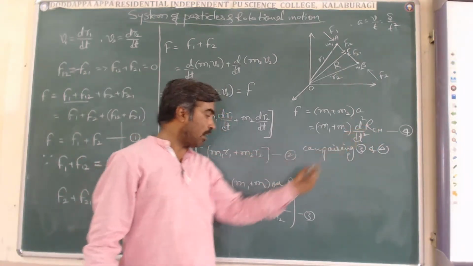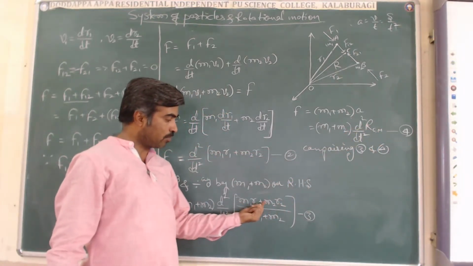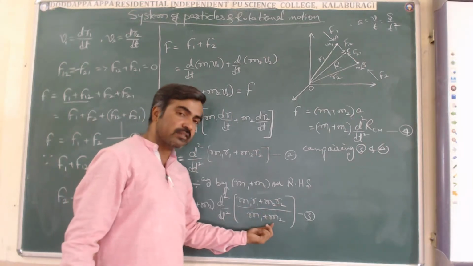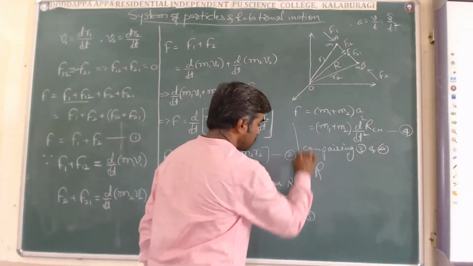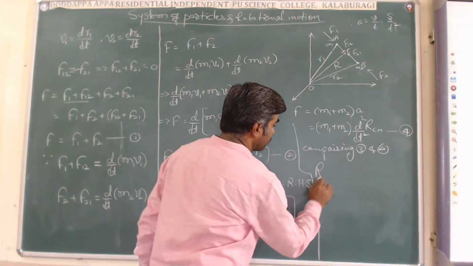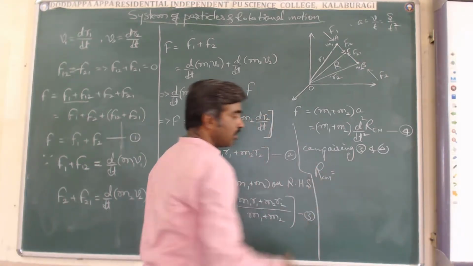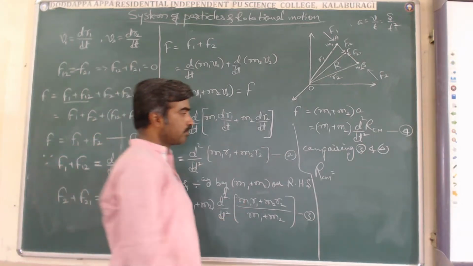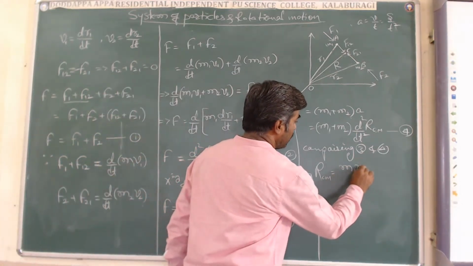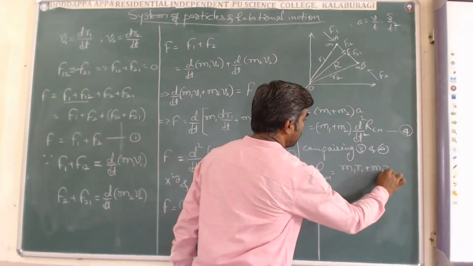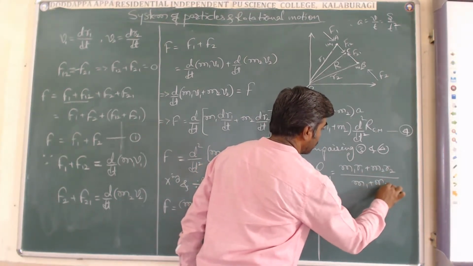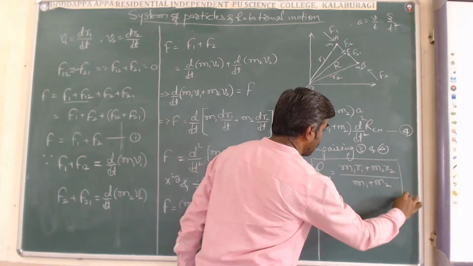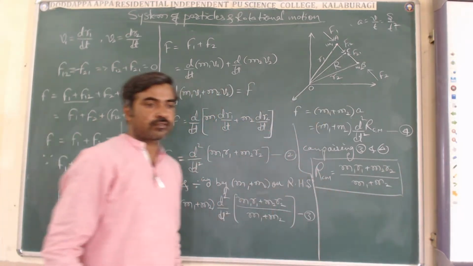And in place of R, what do we have? m1 r1 plus m2 r2 divided by m1 plus m2. Which means the center of mass RCM is m1 r1 plus m2 r2 divided by m1 plus m2. This is the expression for the center of mass.